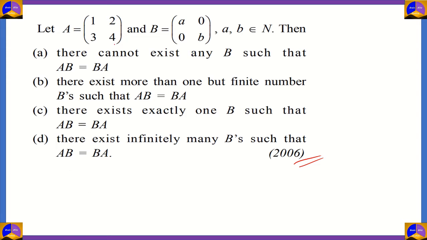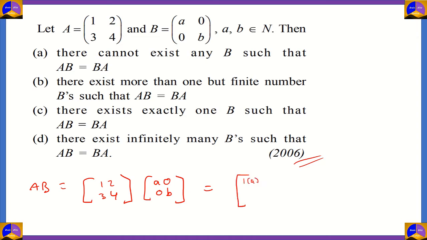So we have the matrix A and we have the matrix B. Now we just have to multiply them. So the matrix AB equals 1, 2, 3, 4 times a, 0, 0, b.